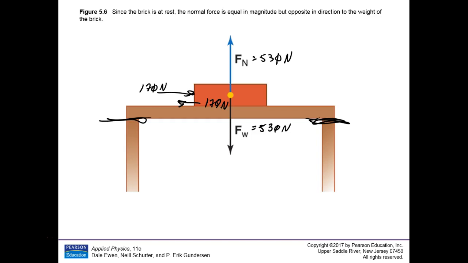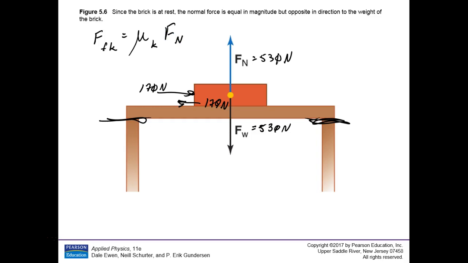Okay? Well, what was the formula for kinetic friction? Or friction in general? F sub F, and I'm going to make that kinetic friction, is equal to mu sub K times F sub N. Now remember, that F sub N is your normal force, not your net force.